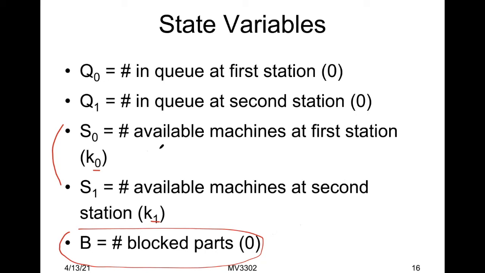In other words, looking at the first station, before, when there's infinite capacity in the second station, when we finish at the first, we just increment this. And so now this machine becomes available. The problem is that if the part cannot move on, that machine is not available. And in fact, what we do is we have one more blocked part.